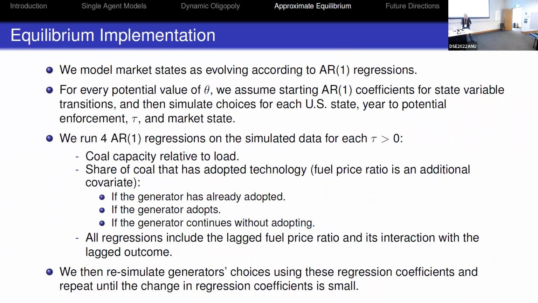So we do this over and over again until basically those AR1 regression coefficients aren't changing. Then we can calculate the likelihood, and then we can move to a better theta and repeat the whole thing again. So let me be clear, we're running 4 AR1 regressions. I actually haven't counted how many AR1 regressions get run in a single equilibrium, but it's like 4 times the number of states times the number of years tau. There's a lot, right?